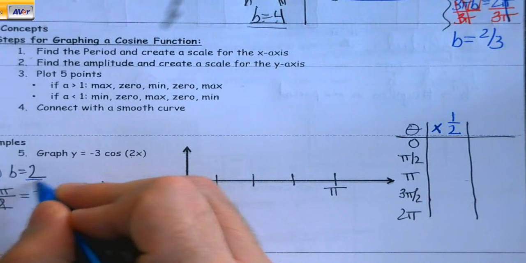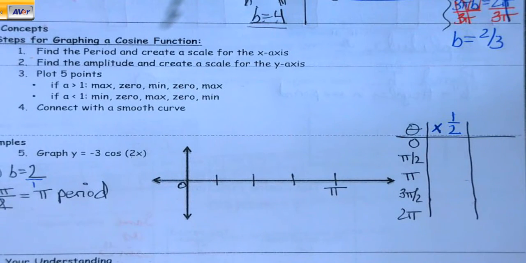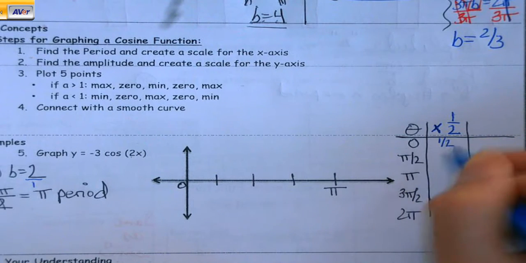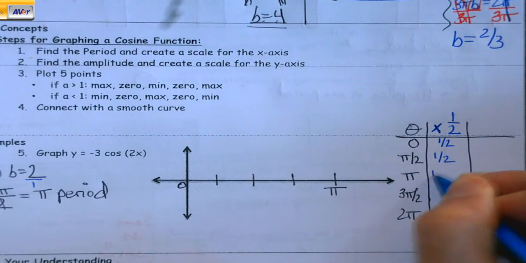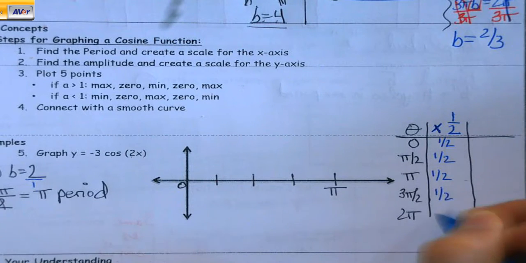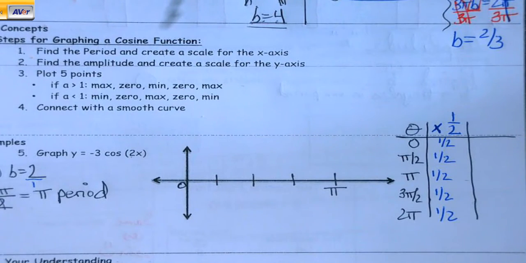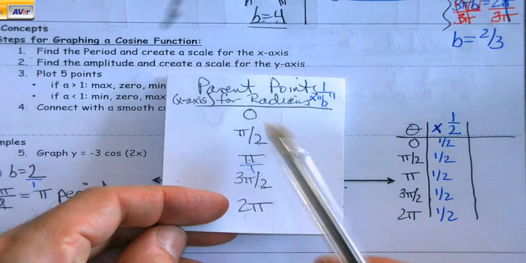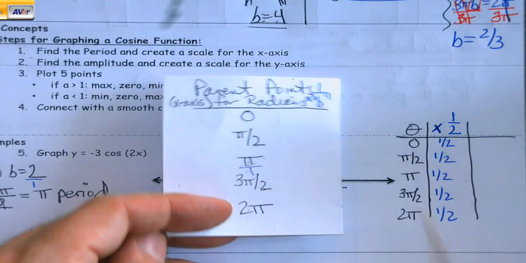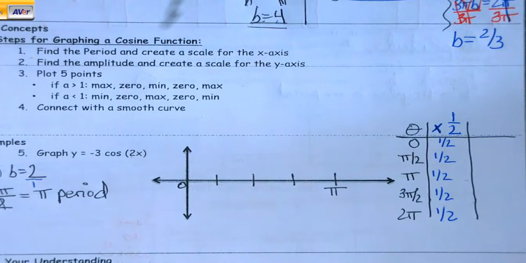If I take 2, or 2 over 1, and I flip it, it's 1 over 2. So basically I'm going to be multiplying each of these values by 1 over 2. And some of you are going to look at this differently. Some of you are more visual. You're going to want to look at a chart like this. Others of you might even be able to just keep your card out and just go, okay, it's times 1 over 2, times 1 over 2, and create your values from it. Everybody's different.